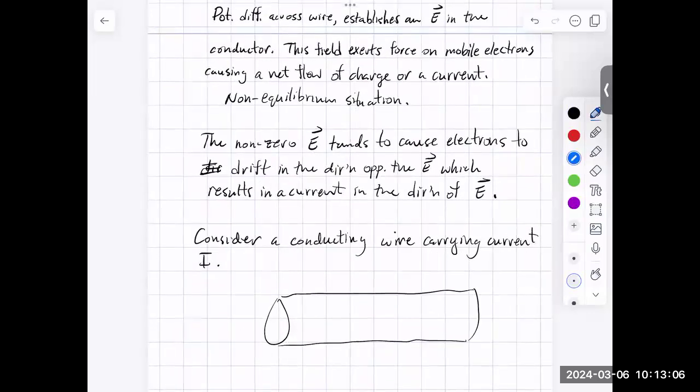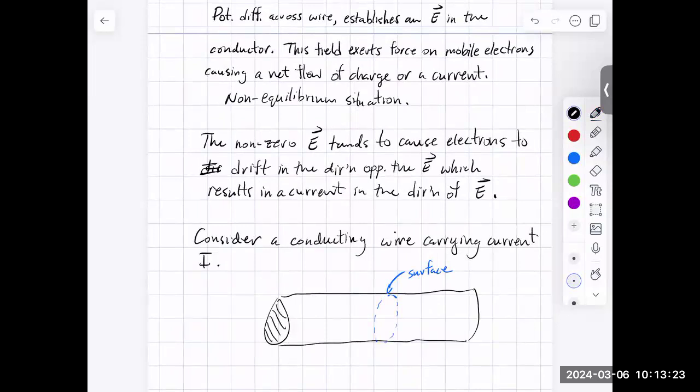What I'll do is I'll draw like a little surface in here, and we're going to use this surface to keep track of how much charge crosses it so that we can calculate the current. Okay, we'll label some other things here.